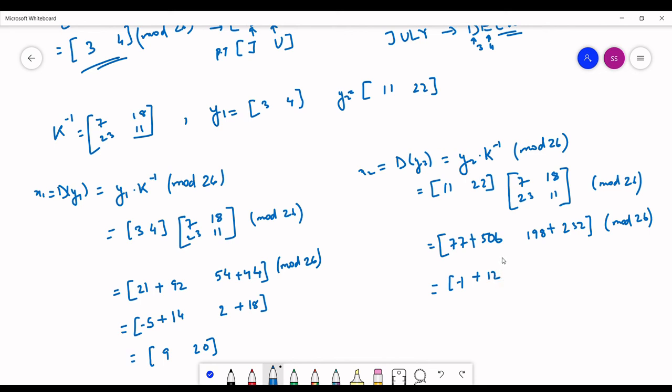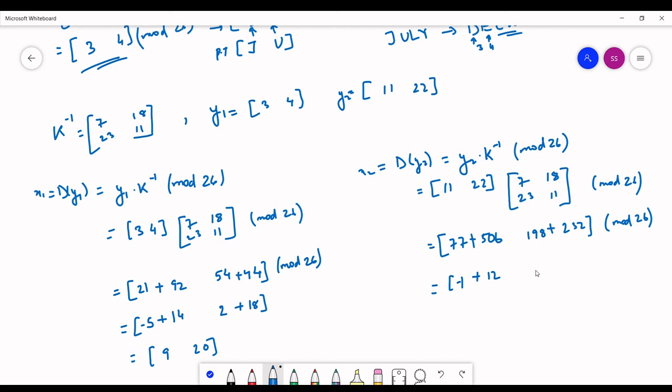Let me show you how I am solving it. I'm subtracting multiples of 26 from this 506. 26 into 10 is 260, or you can say 26 into 20 is 520, right? If you subtract 520 from 506, you will get minus 14. So minus 14 plus 26 is 12. You can use any method to solve it, it's completely up to you. Now for 198, 26 into 5 is 130. So 198 minus 130 is 68, and 26 into 3 is 78.